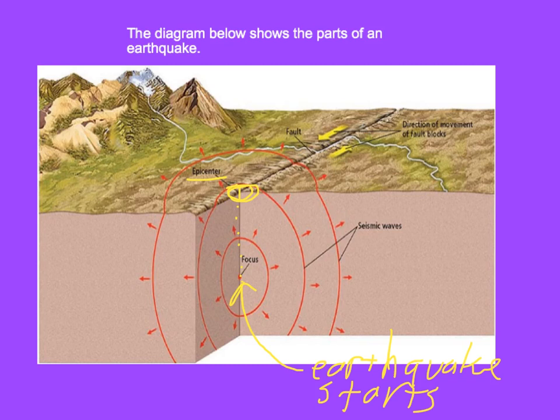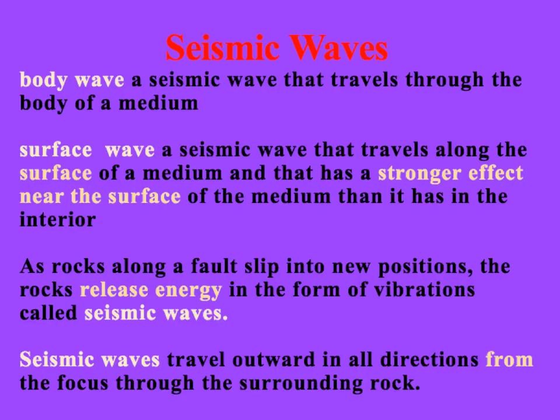Coming out from the focus in all directions are things called seismic waves, which we're going to talk about in a minute. Seismic waves themselves are waves that travel through rock. In this case, we call them body waves. Seismic waves are waves that travel through a medium, and a medium is a substance. So they travel through the main chunk of that substance.